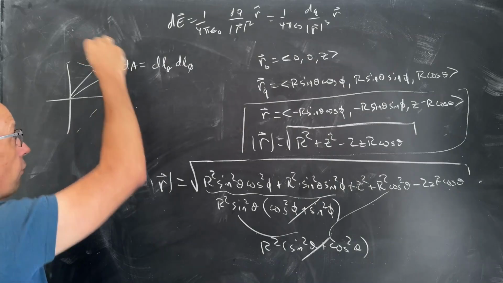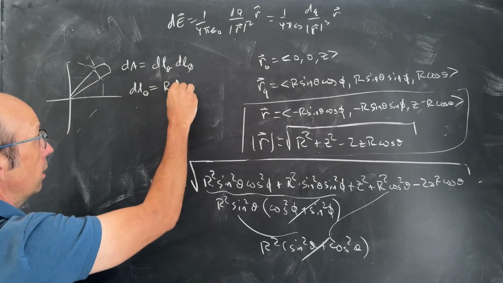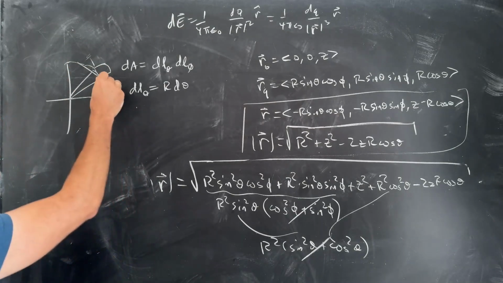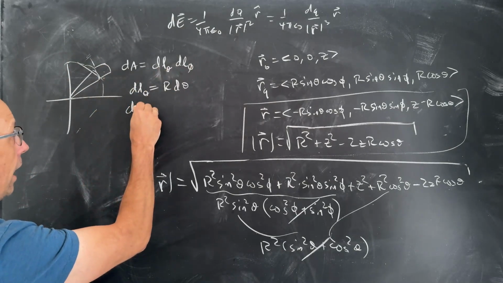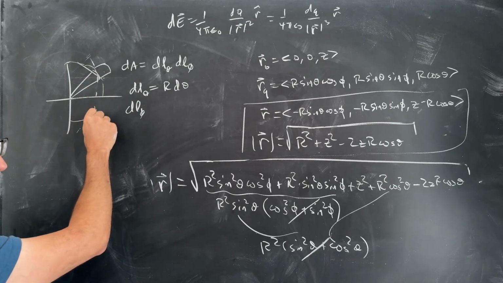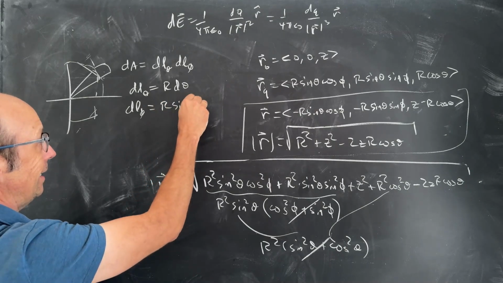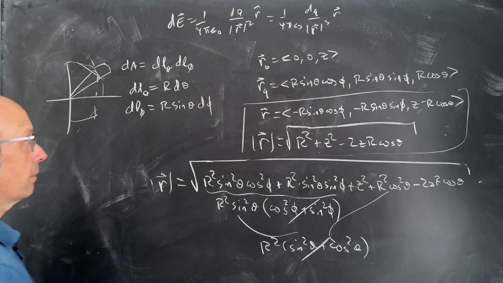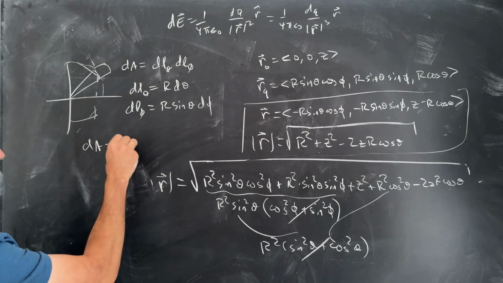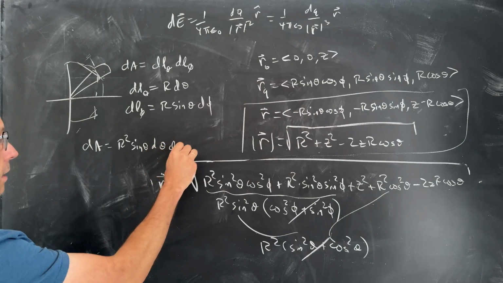So in the theta direction, dl theta is just going to be r d theta, right? Because it's the arc length of that circle right there. Now, dl phi is the arc length of the projection down into this xy plane. So this is going to be actually r sine theta d phi. So that means my area element, dA, is going to be r squared sine theta d theta d phi.